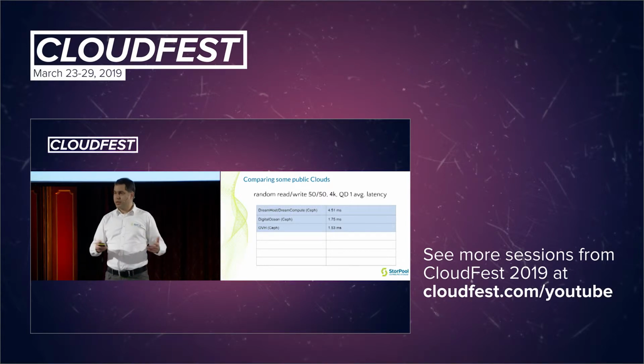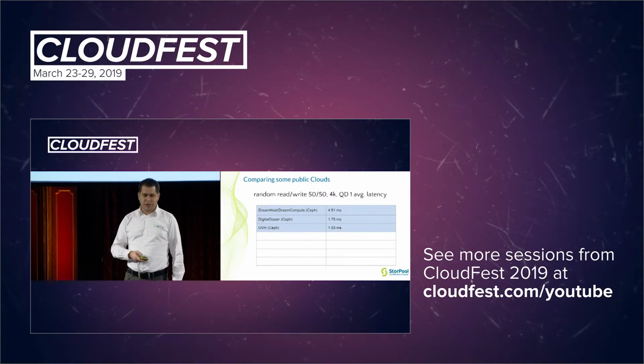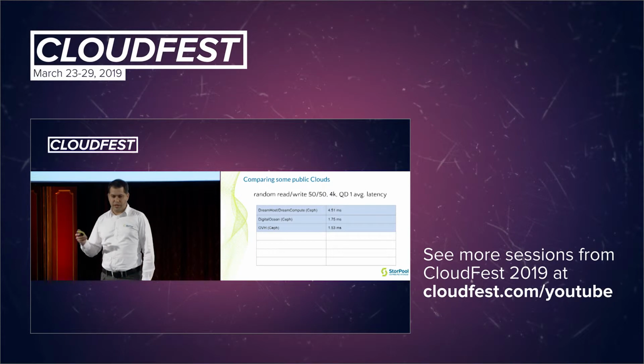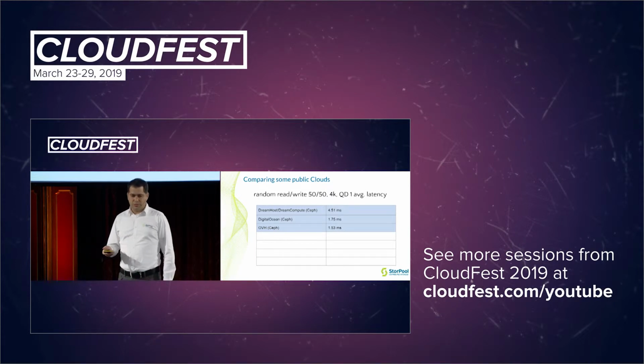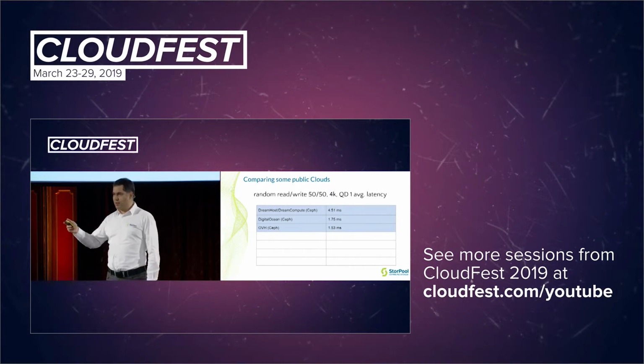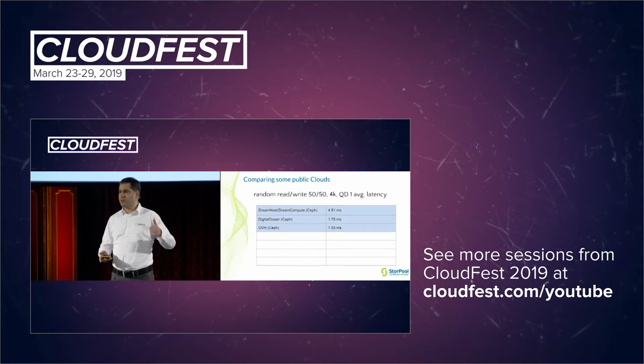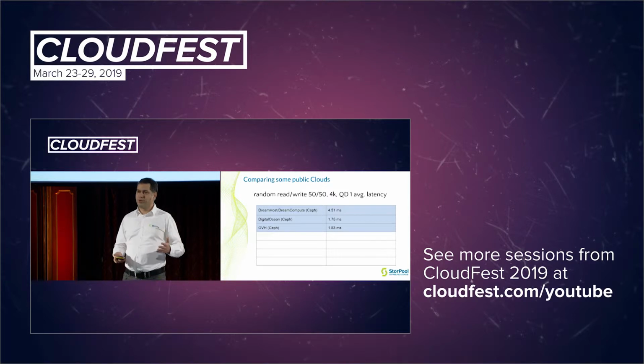And we're also comparing it to the peers in the industry. We're looking at DreamHost, DigitalOcean, OVH, which have different types of latency on this service. The same volume that you can buy from one company, and you can buy the same thing from other companies, have very different latency characteristics, which means very different application performance.